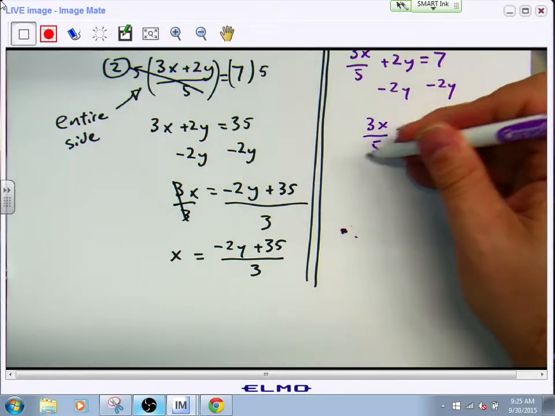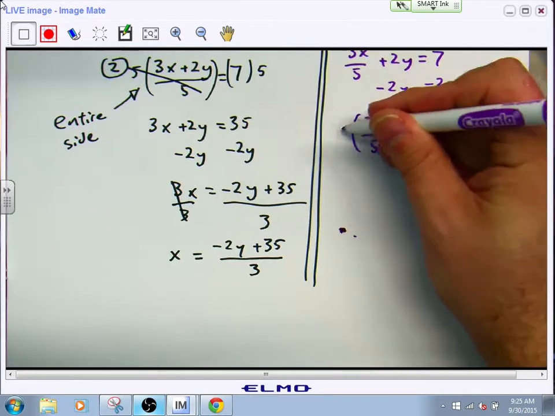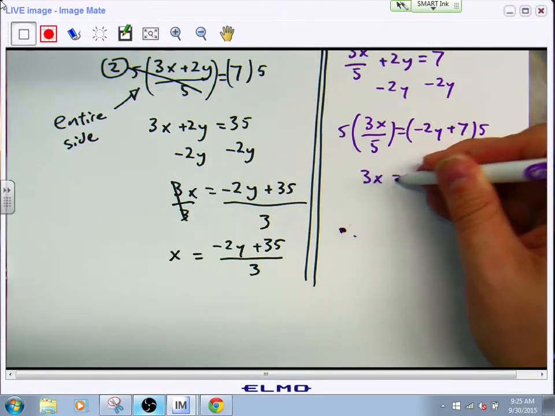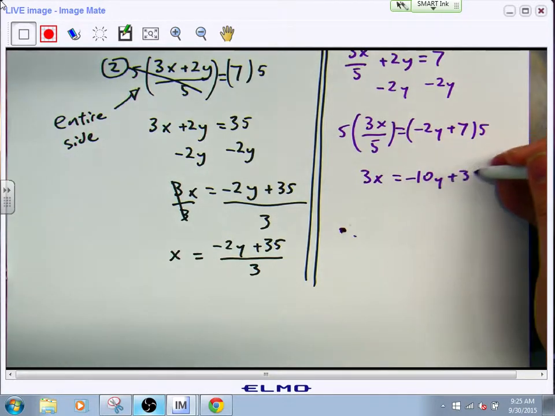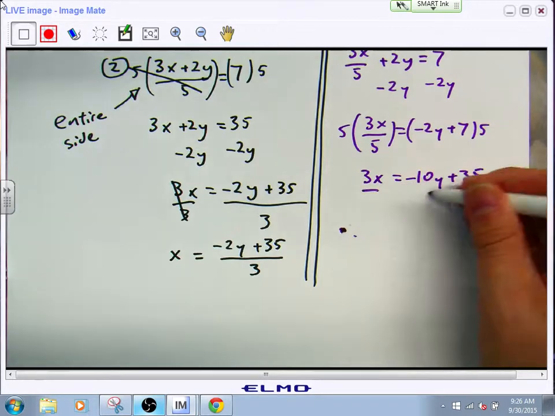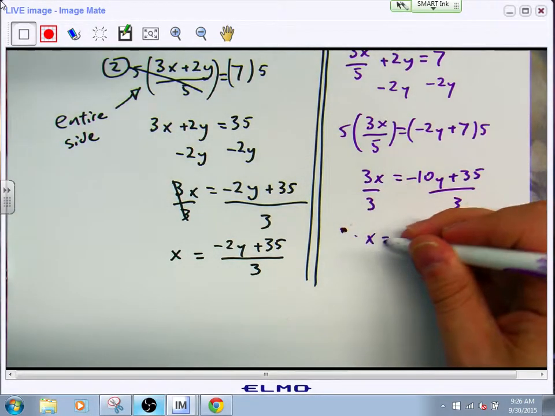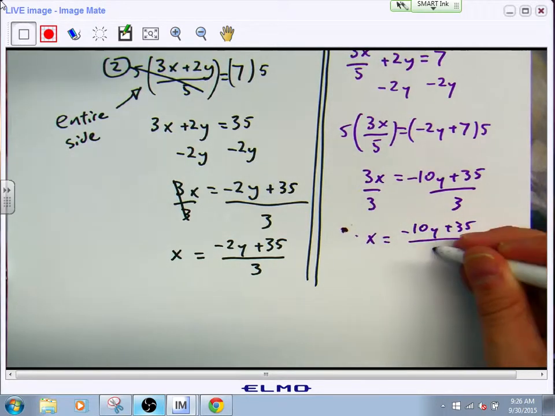And now that my entire side is divided by 5, now I will multiply by 5. So I have 3x equals, that becomes negative 10y plus 35. And then finally, isolate my variable by dividing by 3. X equals negative 10y plus 35 all over 3.